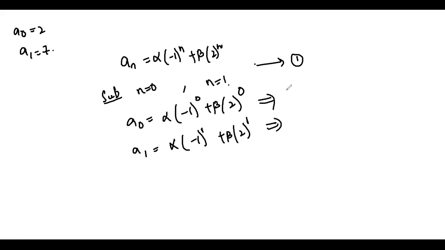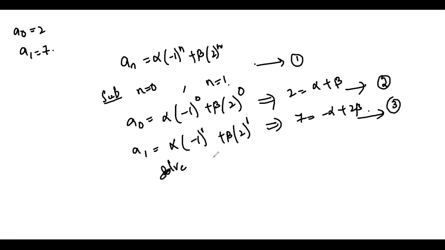So this will give us the equations. What is the value of A0? 2 is equal to alpha plus beta, since minus 1 power 0 and 2 power 0 is 1. And A1 is given as 7, so 7 is equal to minus alpha plus 2 beta. These are equations 2 and 3.